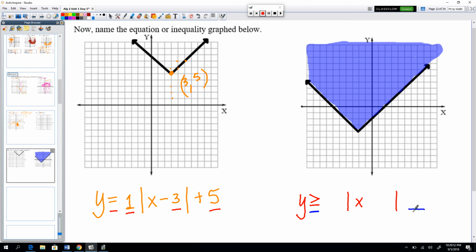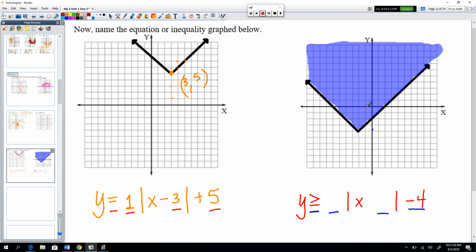Let's fill in the up-down situation and the left-right situation. Up-down, what's going on? Did I shift up or down when I was starting at 0, 0? Looks like I went down 1, 2, 3, 4. If I went down 4, this must be a negative 4. Negative 4. Did I go right or left? Looks like I went left.